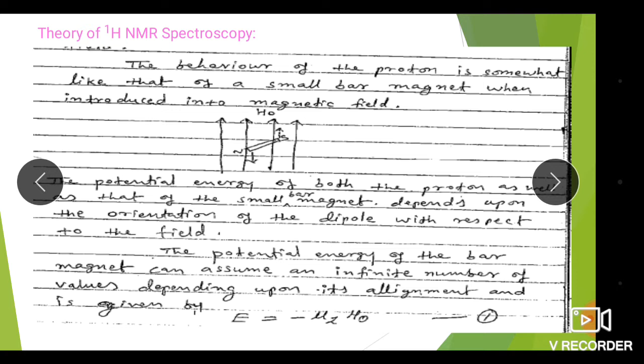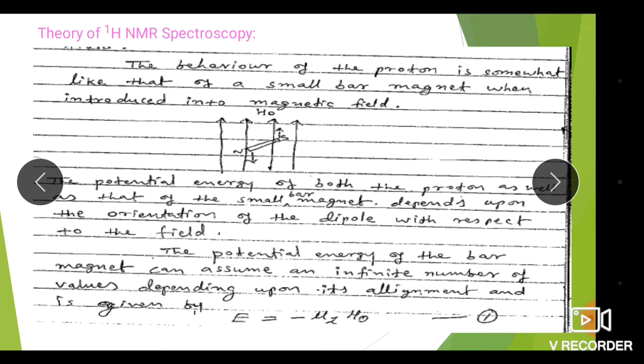The potential energy of both the proton as well as the small bar magnet depends upon the orientation of the dipole with respect to the field. So it depends upon the external magnetic field as well as the dipole with respect to the field. The potential energy of the bar magnet can assume an infinite number of values depending upon its alignment.